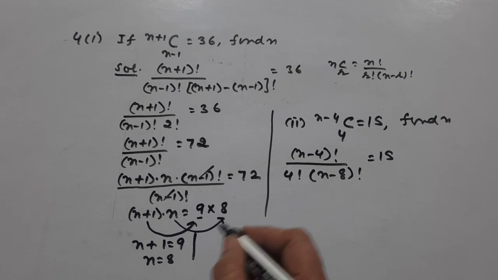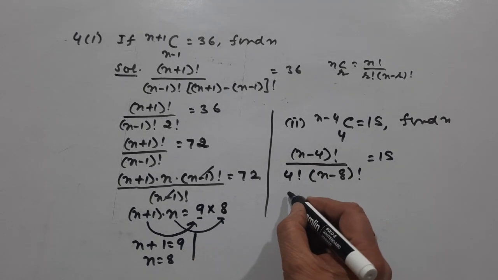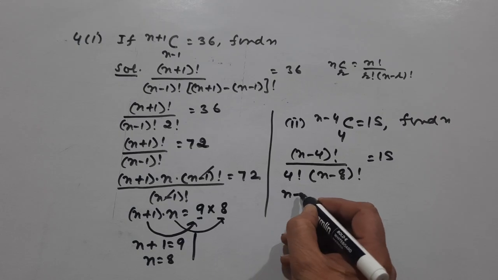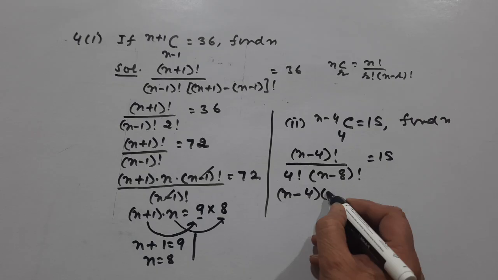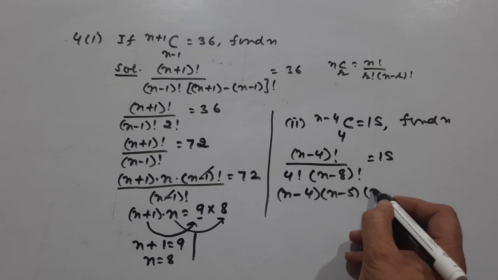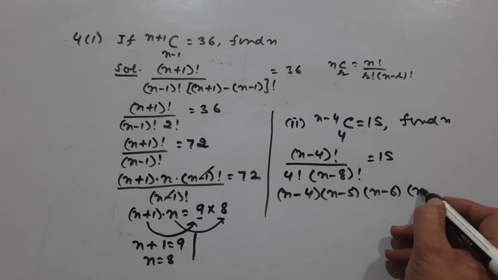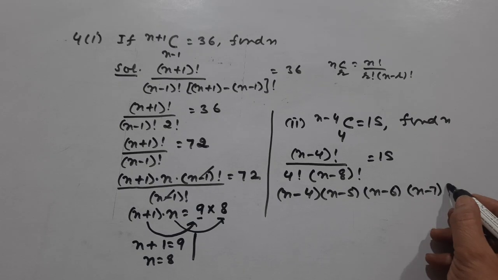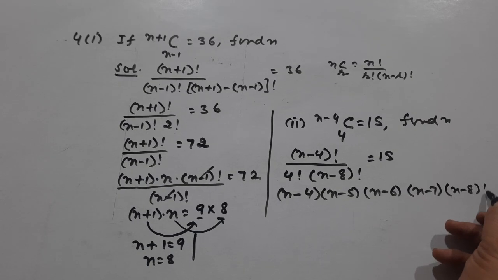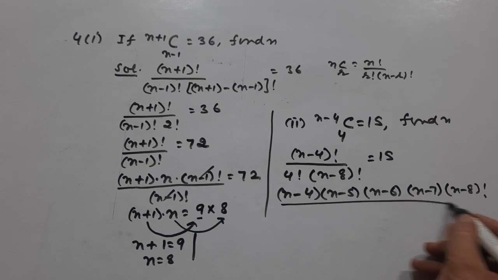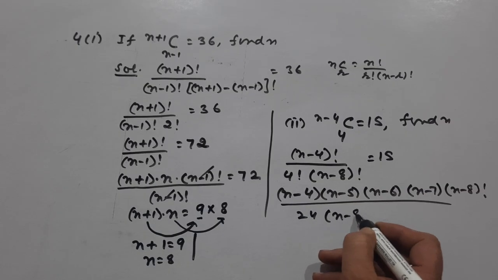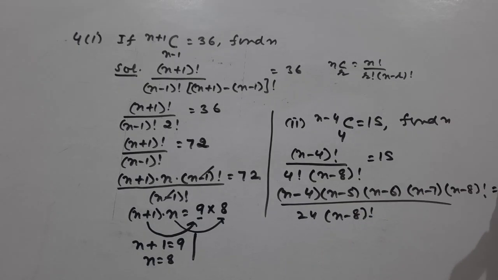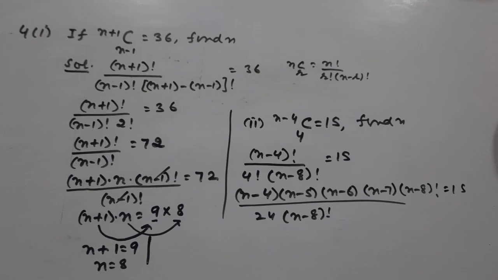Now n-4 is greater, so we write (n-4)(n-5)(n-6)(n-7)(n-8)! upon 4!, that is 24, times (n-8)! equals 15.